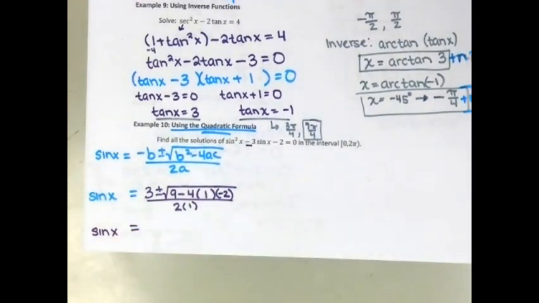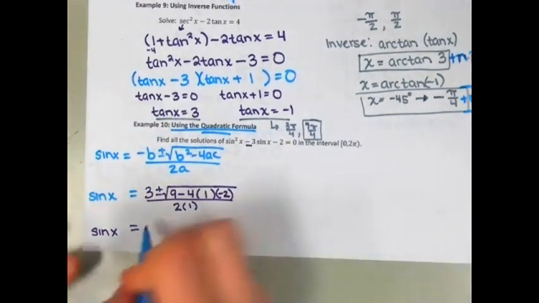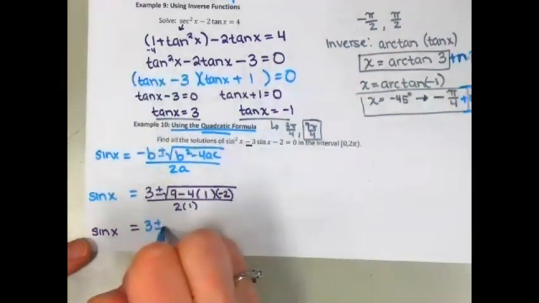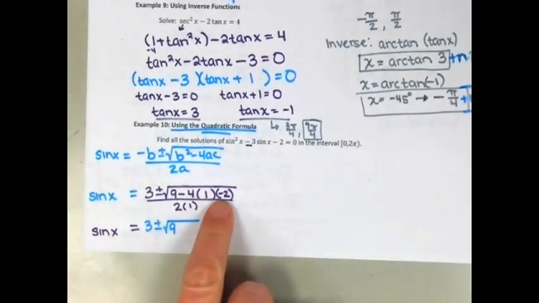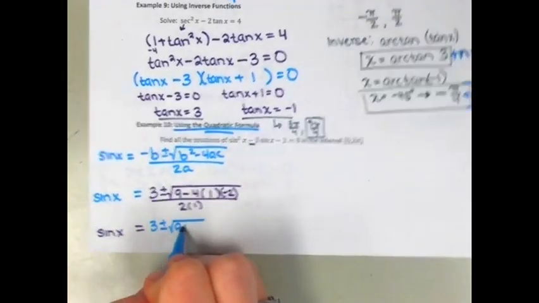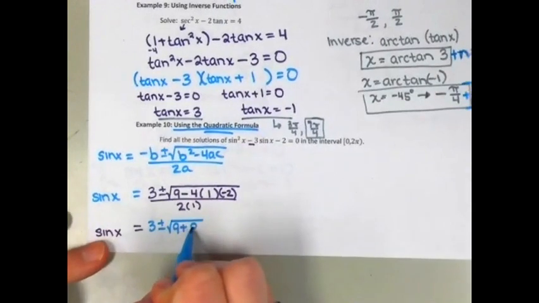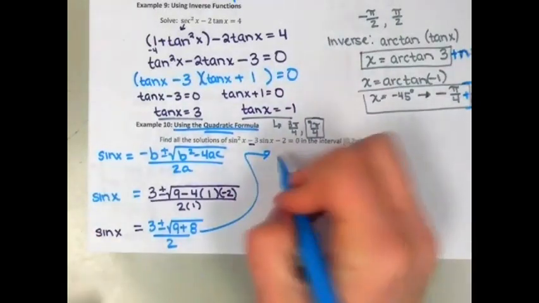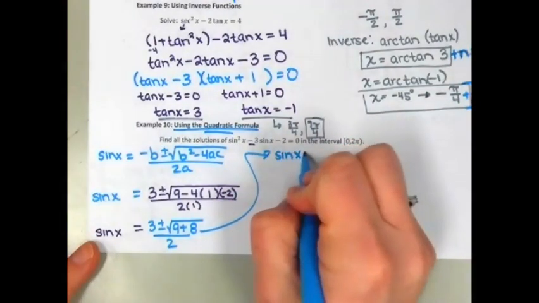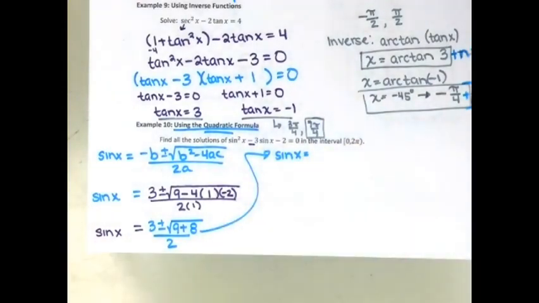All right. So we have 3 plus or minus the square root of 9. What's a -4 times a -2? +8. Good. Over 2 times 1. 2. So we get sine of x equals 3 plus or minus what?